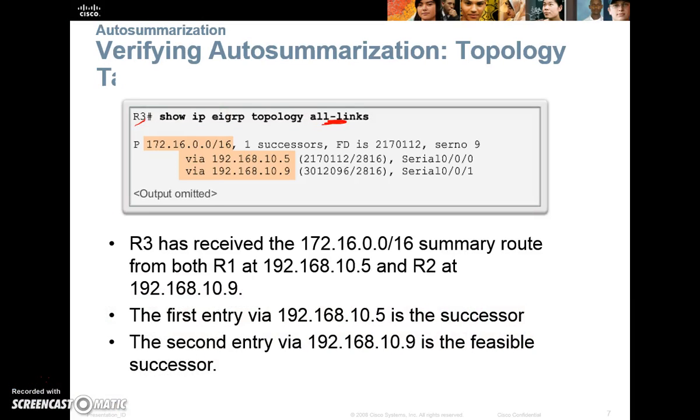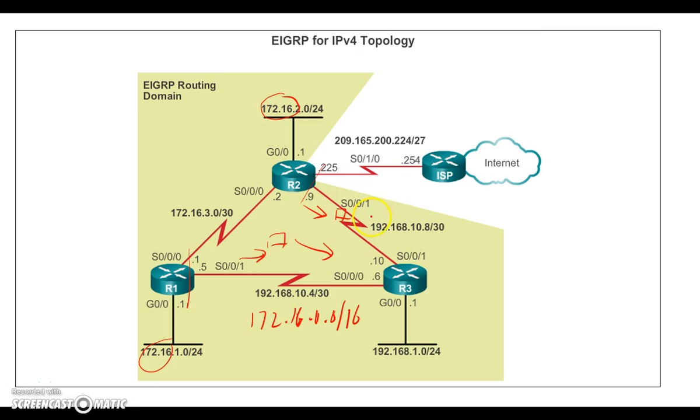They show that R3 received two updates, and because of that, R3 decided to use 192.168.10.5, which is here. This will be the successor route.